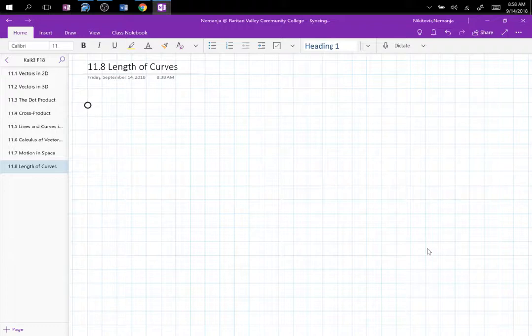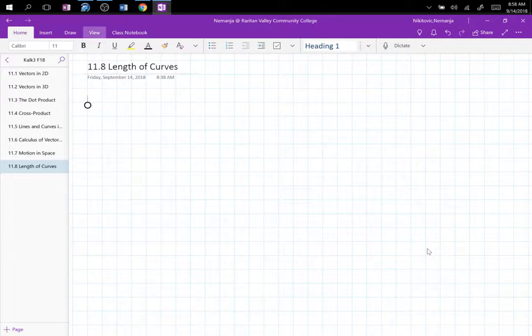If you remember that formula, the length of curve with L equals square root 1 plus f prime squared dx. As an integral, yes.